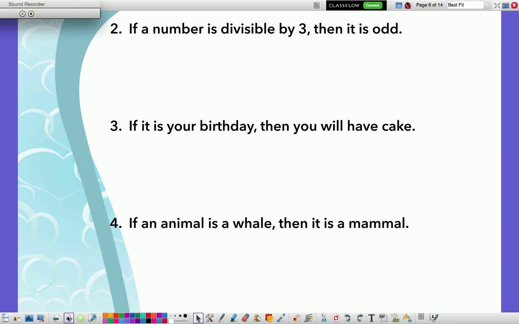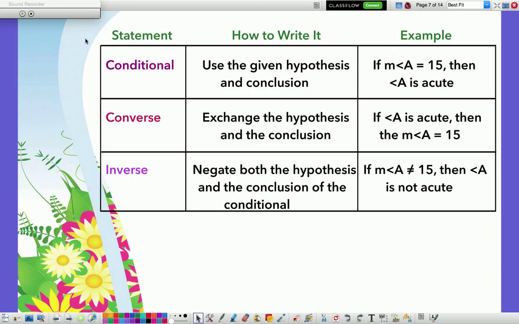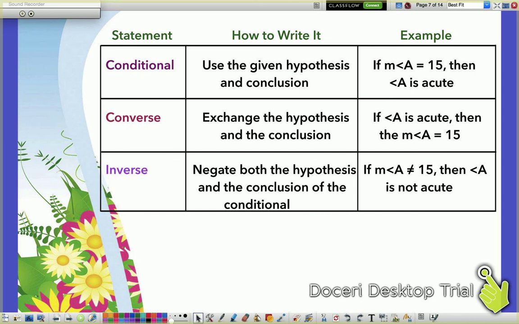Okay, what is next? All right, so these are 3 things that we're going to be looking at. Again, the conditional statement, use the given hypothesis and conclusion when you write it. That's where we wrote the if-then.